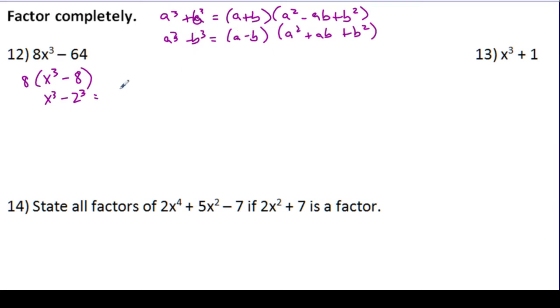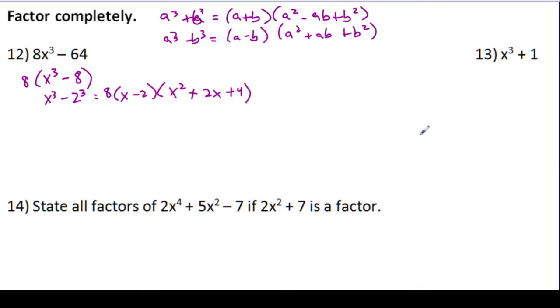So here's what it's going to look like: x minus 2, and in my second expression, it's going to be x squared plus 2x plus 4. And then don't forget that we had an 8 at the beginning, so you include that as well. So my final answer is 8 times x minus 2 times x squared plus 2x plus 4.